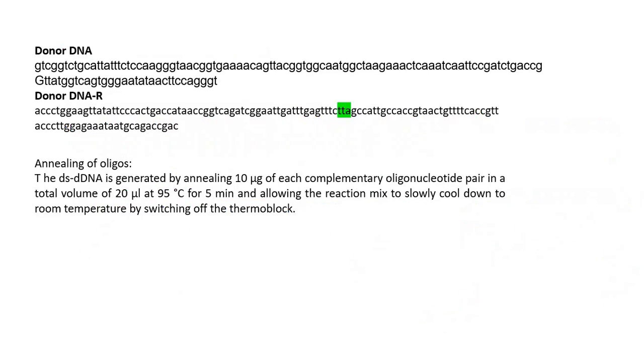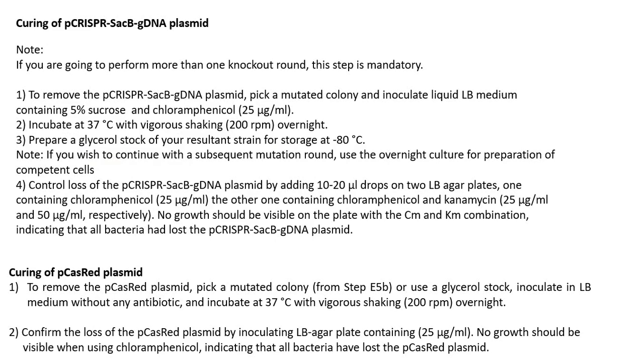So no growth should be visible when you add, not the chloramphenicol, but the kanamycin. I have written it wrong, just mention it, cross it. This is kanamycin. So that all bacteria have lost the pCas9 plasmid.